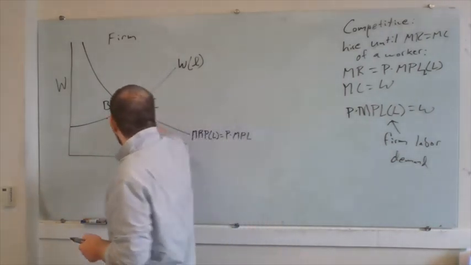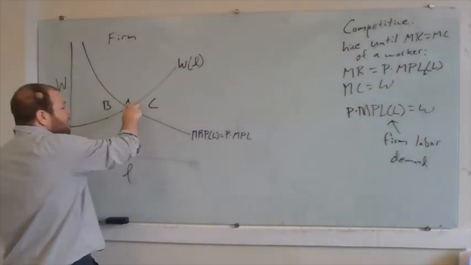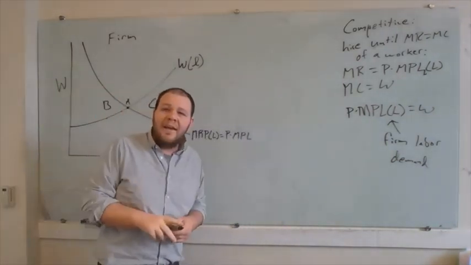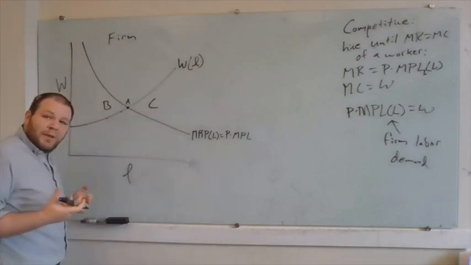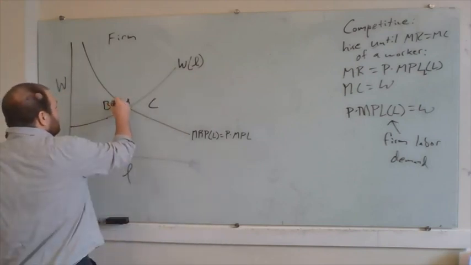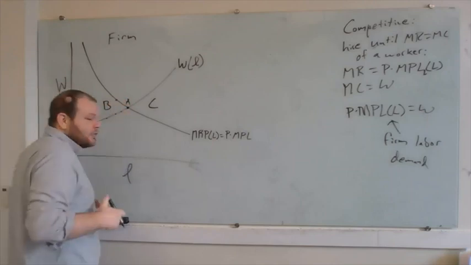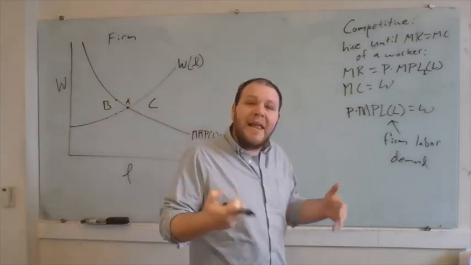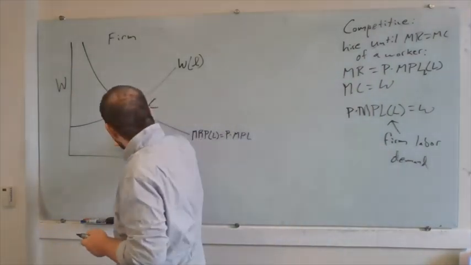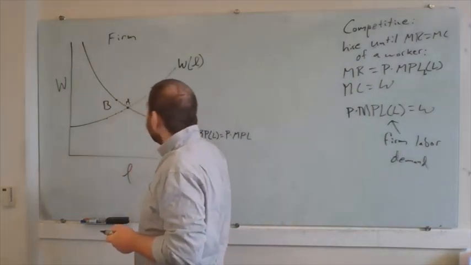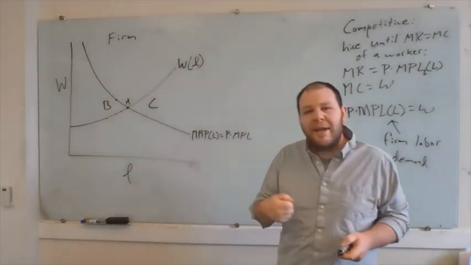So hiring more workers would be foolish because I'd have to pay each of those workers more than they're producing in revenue. But hiring fewer workers would also be foolish, because then I could hire an additional worker and pay them less than they were producing in revenue. So for the same reason as before, we might think that we should hire where wage equals marginal revenue product.